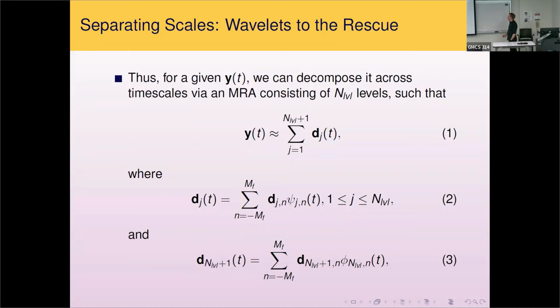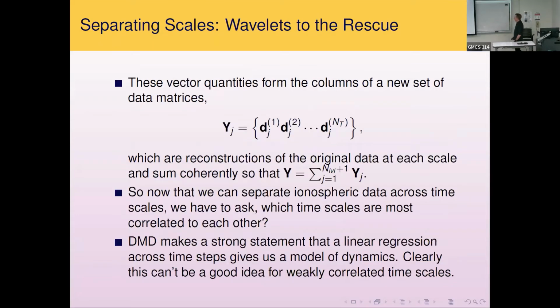Anyway, okay. So moral of the story, we can separate across scales. And this gives us a way to reorganize our time series scale by scale by scale. Okay, cool. Now that we've done that, what are we going to do with it, right? And this is one of our big tweaks to the whole DMD paradigm.